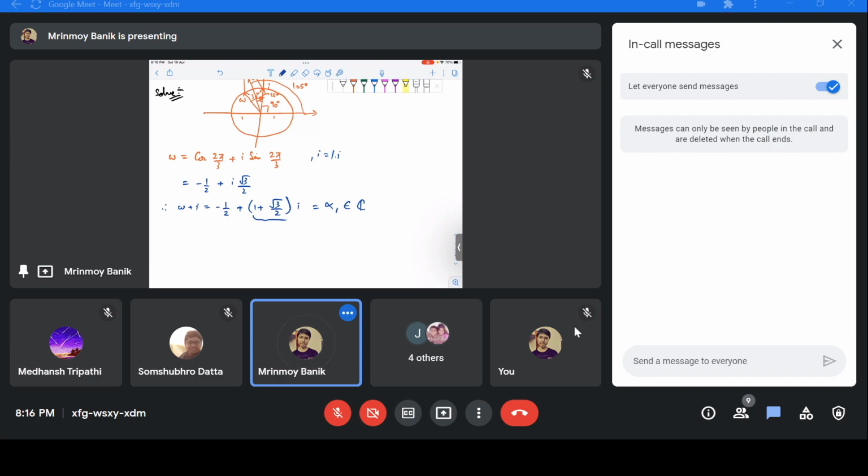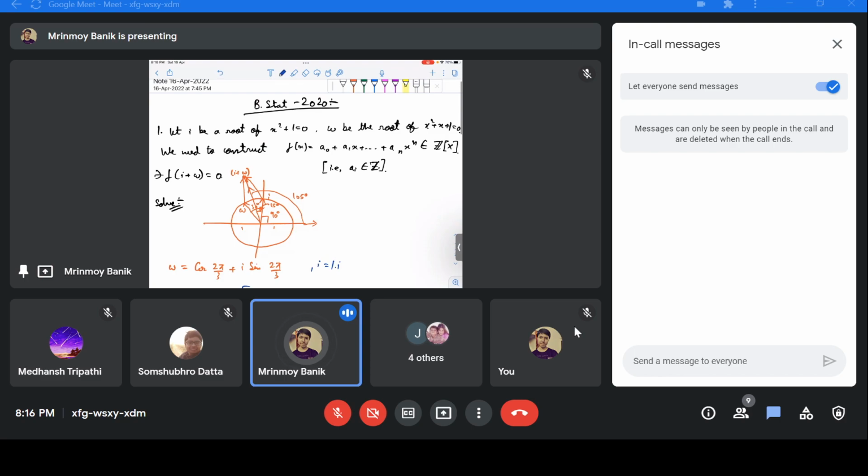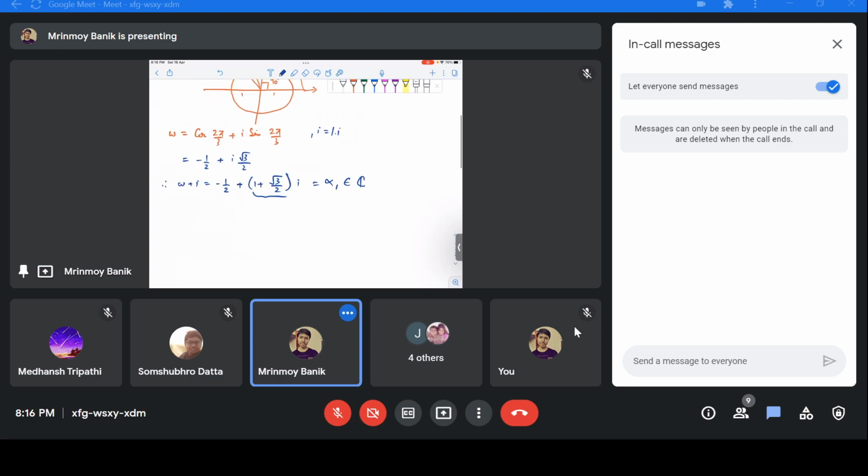So since the coefficients are all real numbers, here the a_i's are all integers, hence real, there must be alpha 1 dash, which is also a root of this function, to make it real. So this is the conjugate of alpha 1. So this is also a root of f(x).